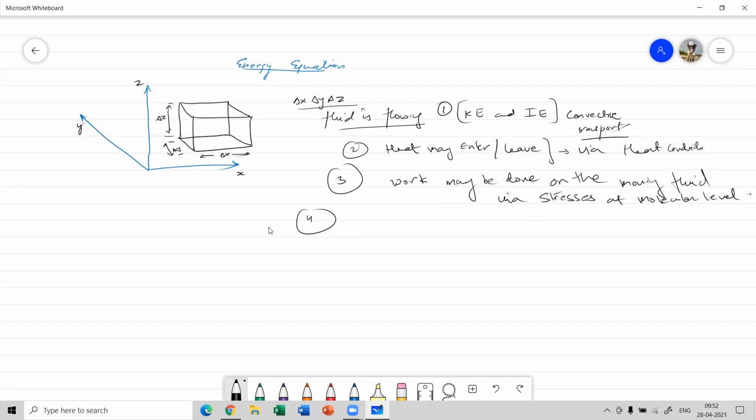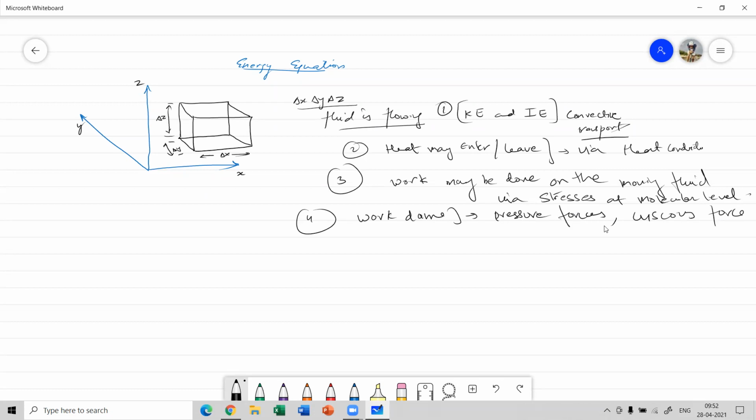Fourth point is, we also assume that work can be done via pressure forces and via viscous forces.